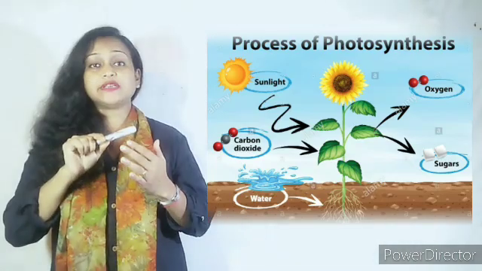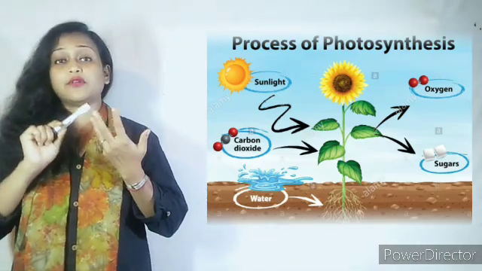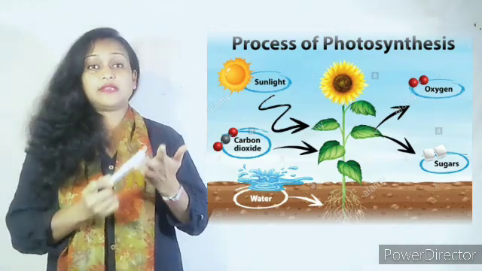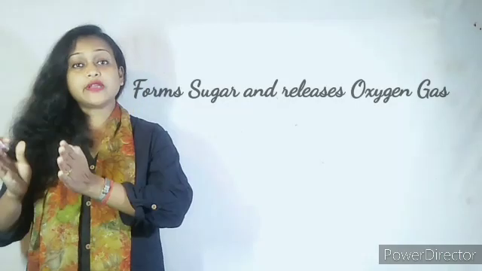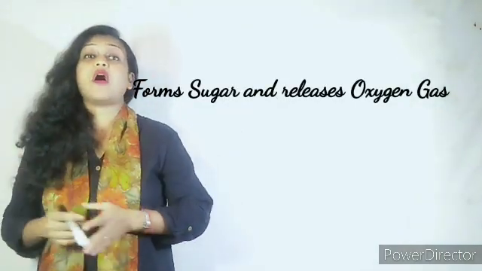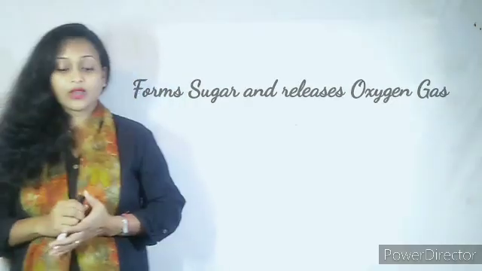When this reaction takes place, sugar is formed as well as a gas is released, which is oxygen gas. This oxygen gas comes out from the leaves and mixes with the air. I hope the process of photosynthesis is clear to you.